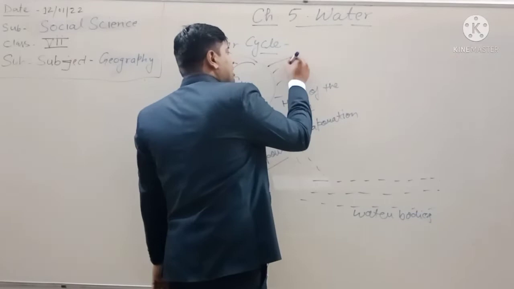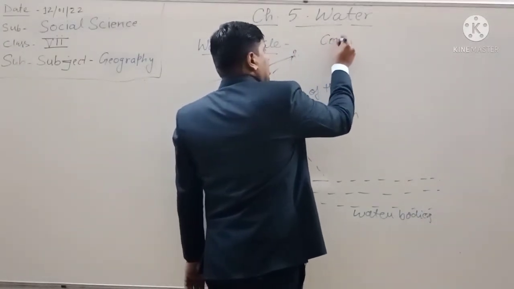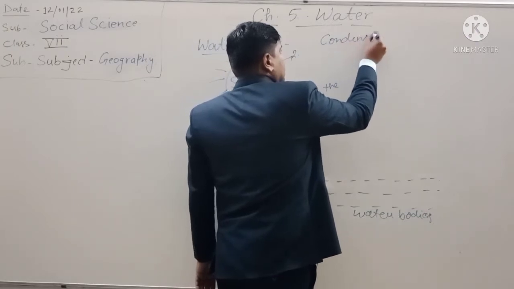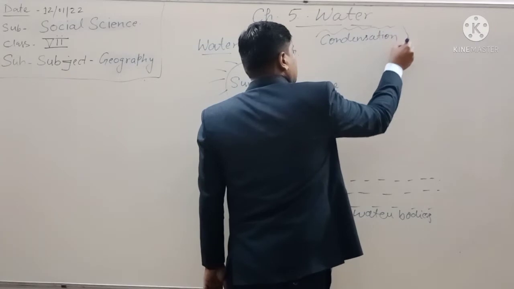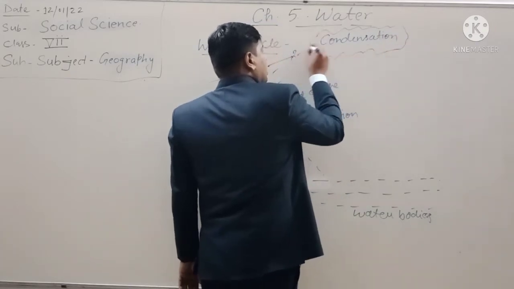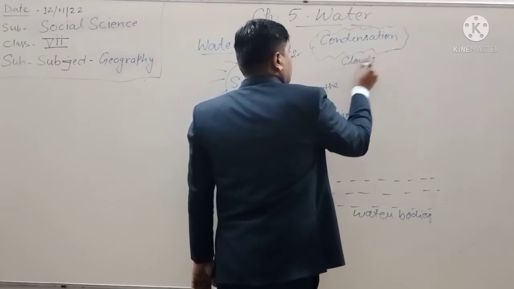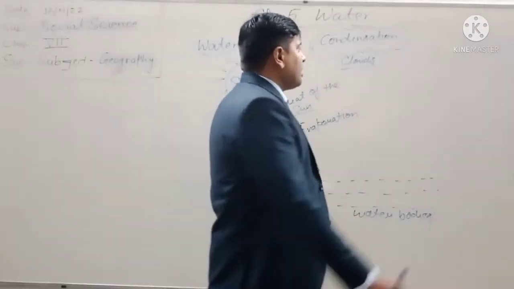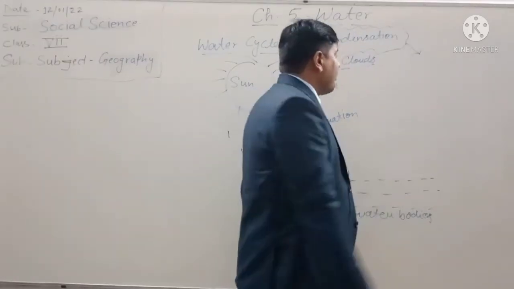The second process is condensation, in the form of clouds. The third basic part of the water cycle is precipitation.